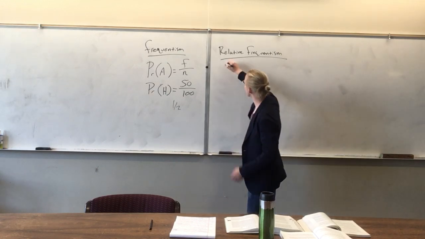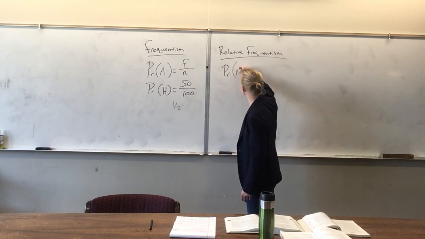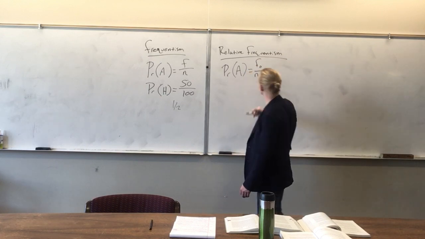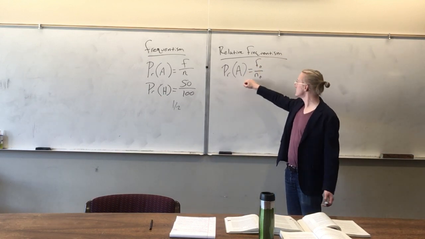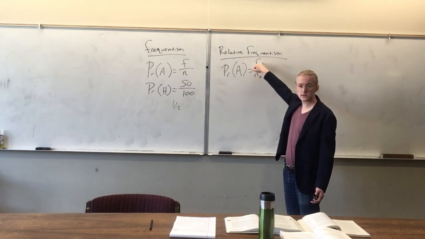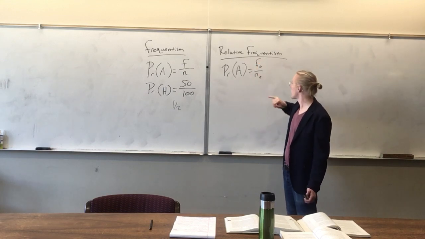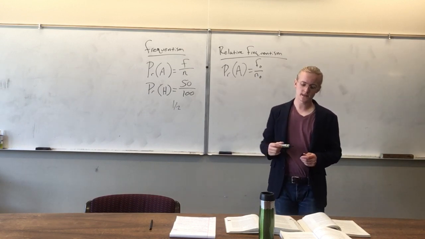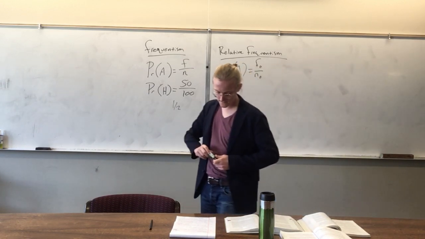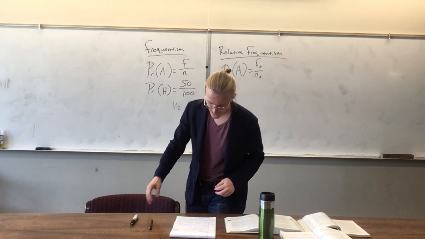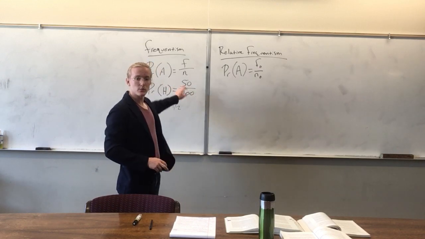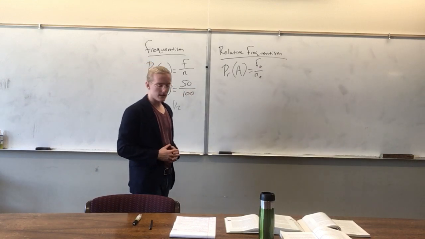And so our interpretation of a probability of some outcome becomes: the probability of A equals the observed frequency, or the observed favorable outcomes, divided by the observed number of tests. And so this resolves the two problems that were raised by the assumptions that were present in our classical theory.